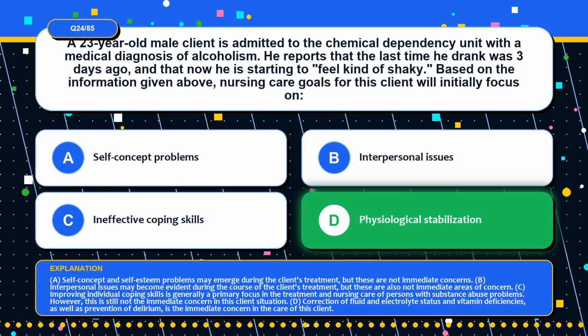C. Improving individual coping skills is generally a primary focus in the treatment and nursing care of persons with substance abuse problems. However, this is still not the immediate concern in this client situation. D. Correction of fluid and electrolyte status and vitamin deficiencies, as well as prevention of delirium, is the immediate concern in the care of this client.